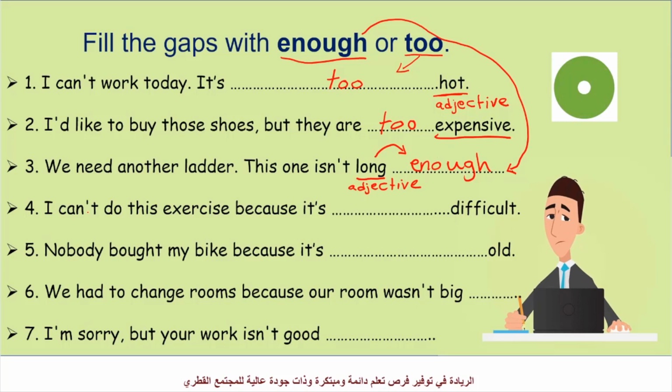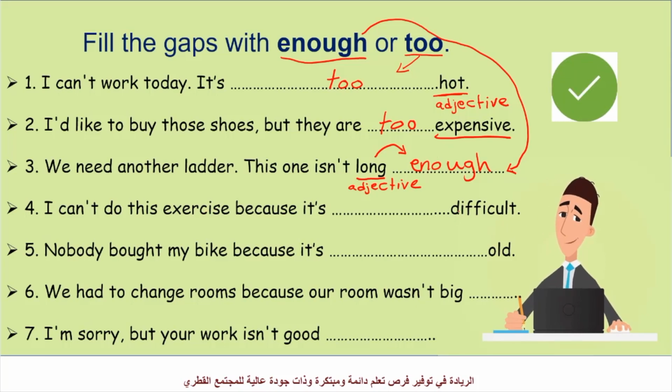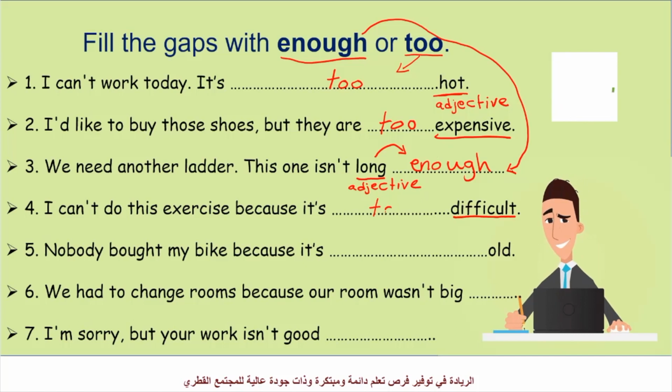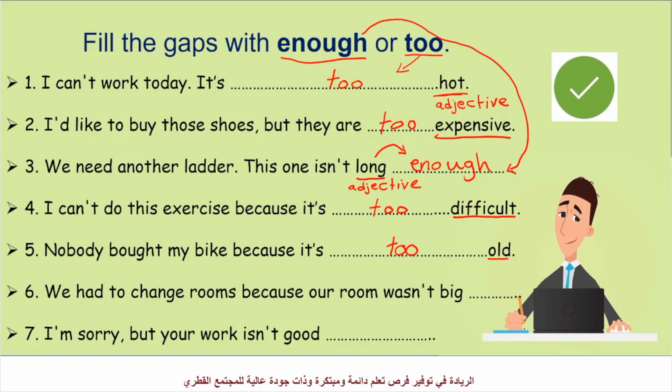I can't do this exercise because it's difficult. So here difficult is an adjective, and we have to write too because too comes before the adjective and enough comes after the adjective. Nobody bought my bike because it's too old. So old is also an adjective.